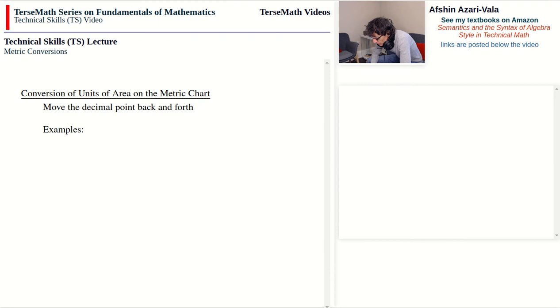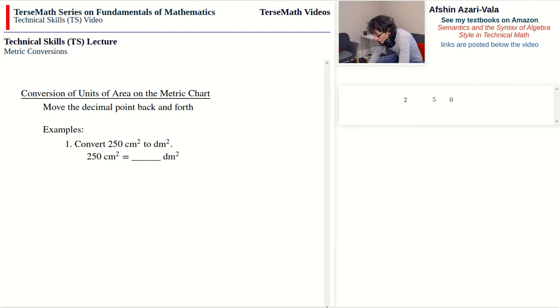As an example, let's say that we want to convert 250 square centimeters to square decimeters. So the question is 250 square centimeters is equal to how many square decimeters? And we're going to take the kind of shortcut that we had with length. Here we are going from square centimeter to square decimeter.